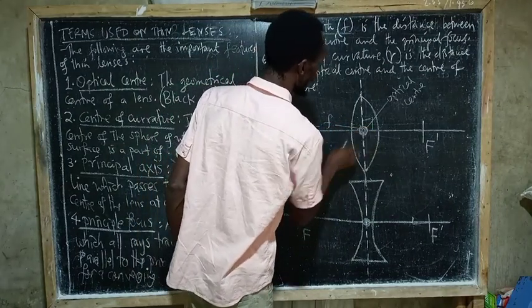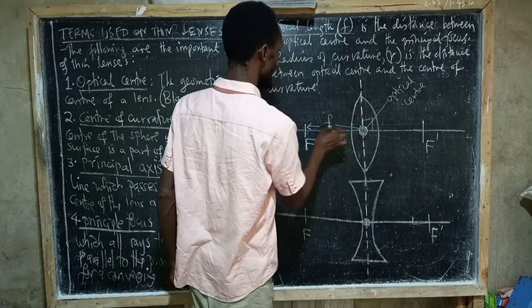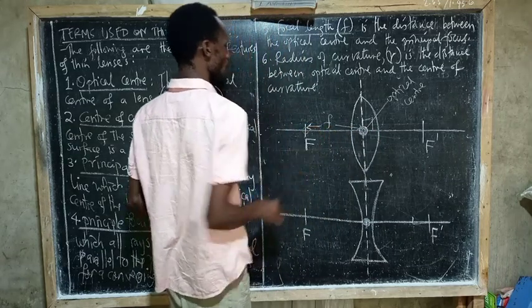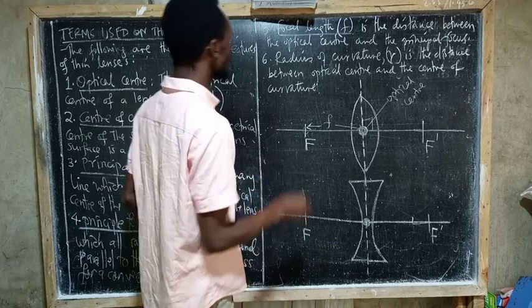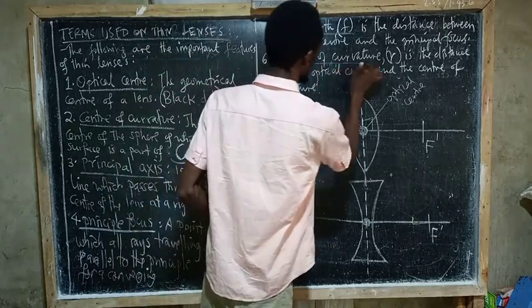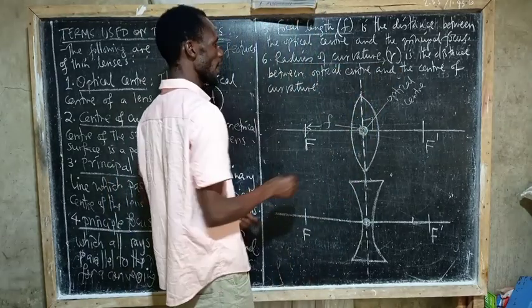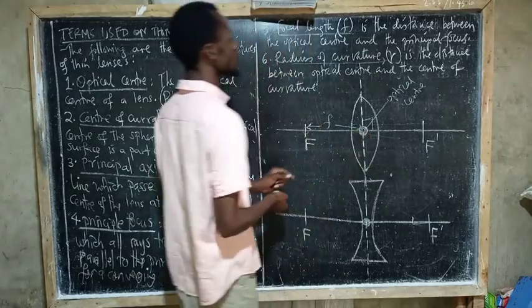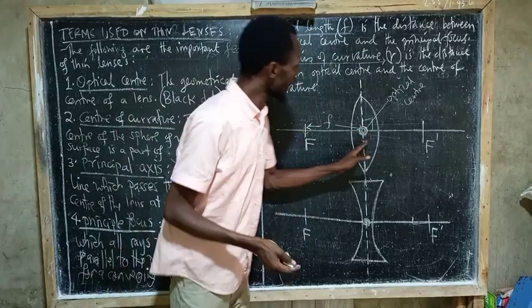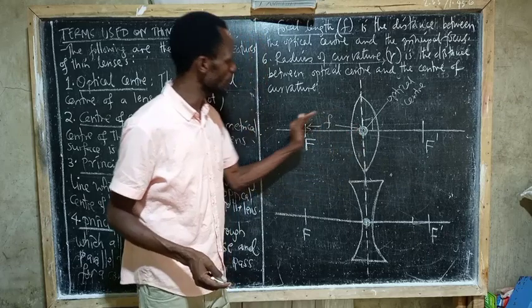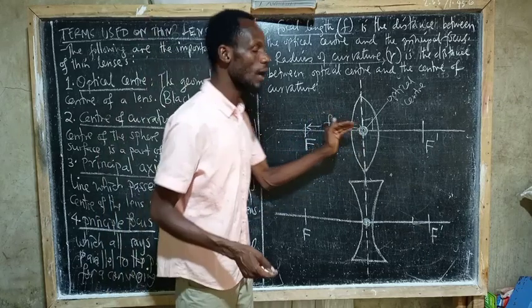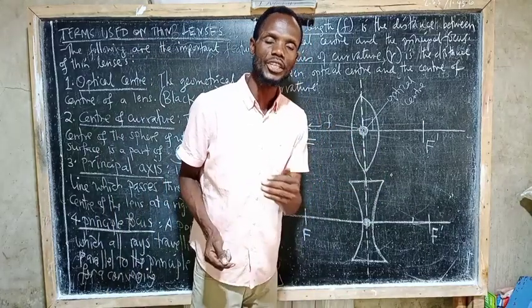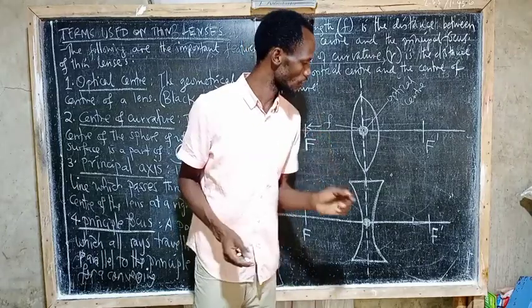Lakini kingine tuna radius of curvature, ambayo ni distance from the optical center to the center of curvature. Sasa hivi vitu vyote vinatumika kuweza kudetermine nature, position and size of the image.